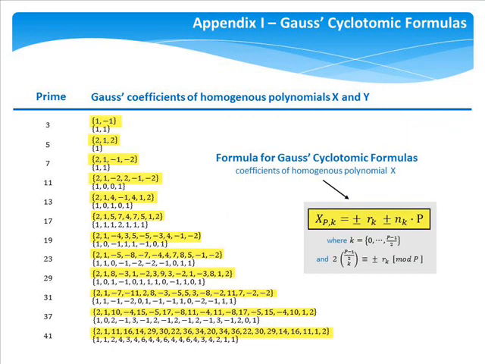Actually, the coefficients of polynomial x match the formula we present here, where n sub k is a quotient and r sub k is the residue of the congruence of 2 times p minus 1 over 2 combination k modulo p. In fact, the coefficients of polynomial x are r sub k, that is, n sub k equals 0, for all primes smaller than 41.